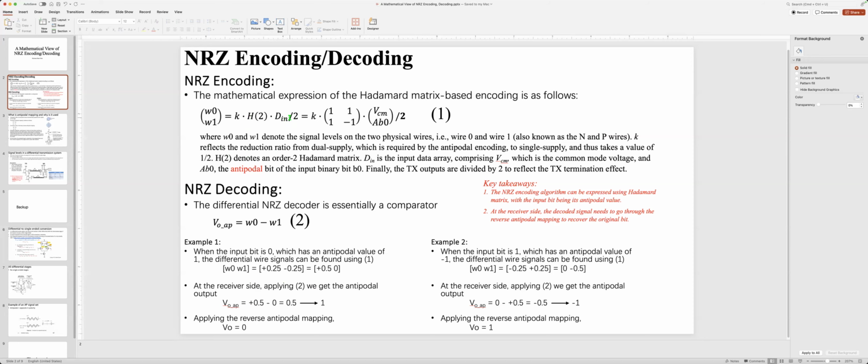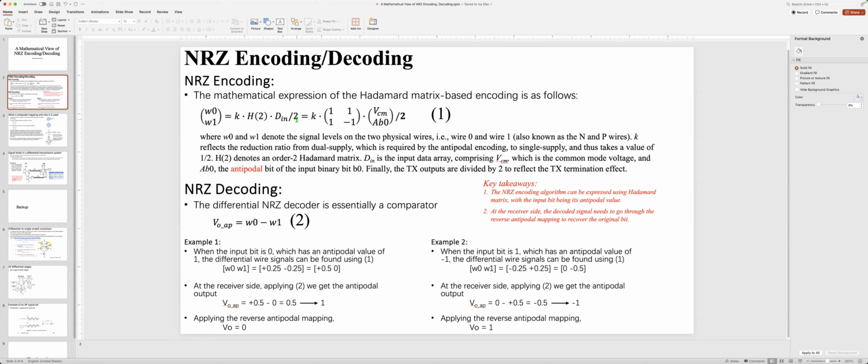And we also have the dividing coefficient of 2, which represents the transmit termination effect. We want the signal output at the transmitter to be matched, right? The better the match, the better the signal.